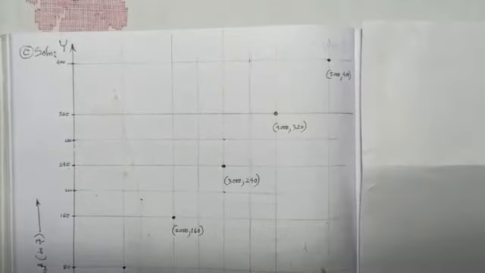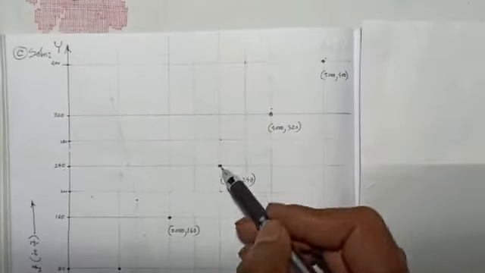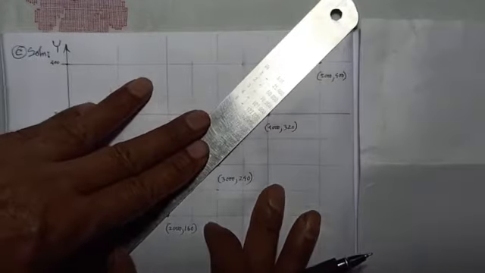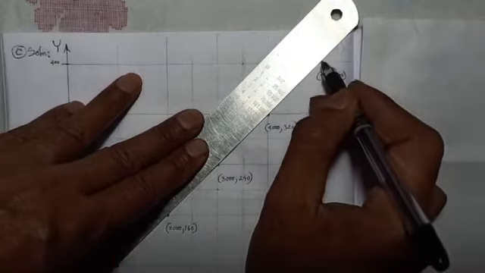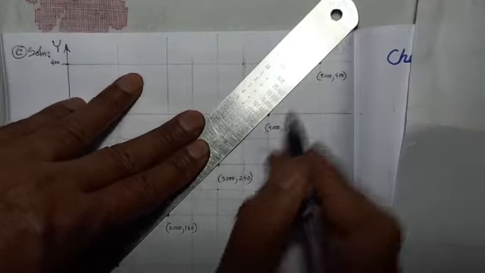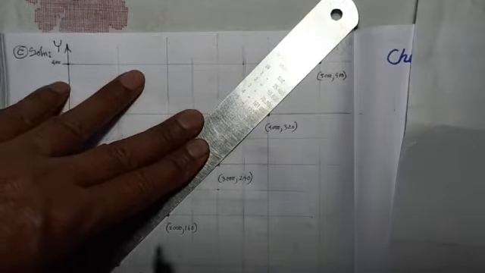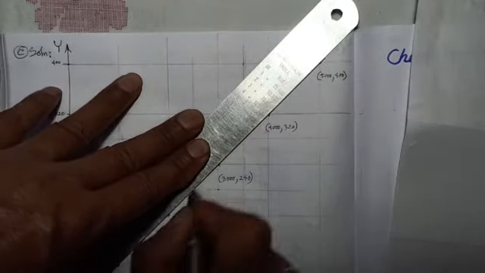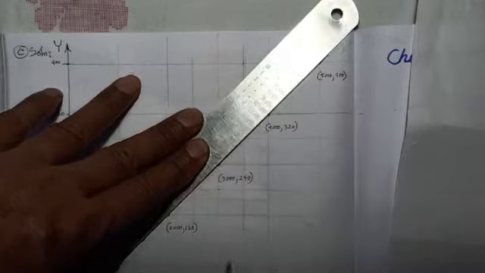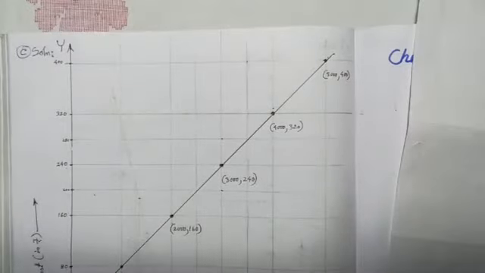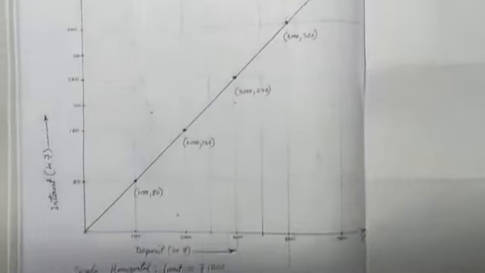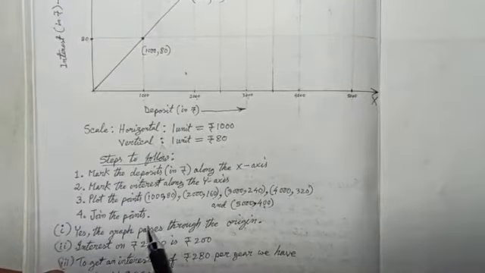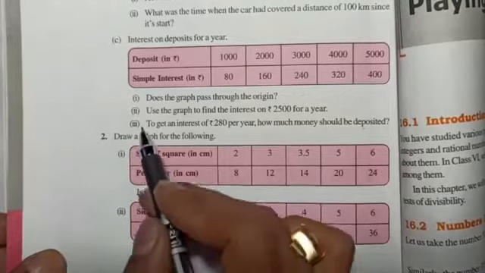Now let us join these points. Step number 4, join the points. Now drawing the graph is over.